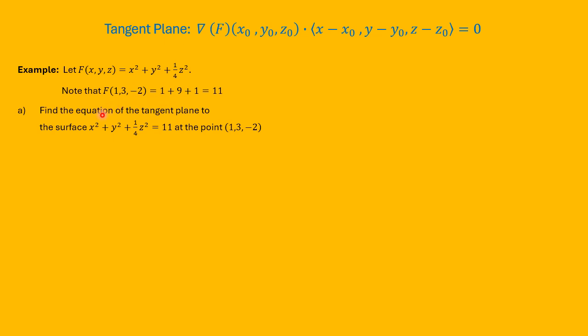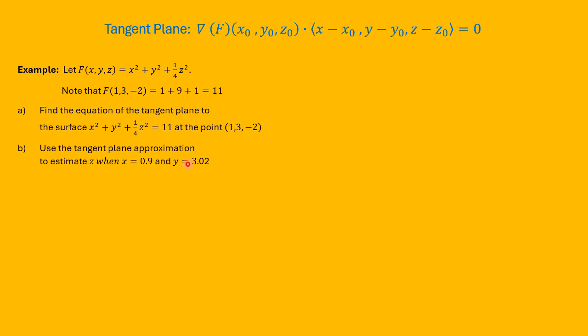So for part A, let's find the equation of the tangent plane to this surface, this stuff equals 11 that we had up here, at the point 1, 3, minus 2. We just calculated the fact that 1, 3, minus 2 is on this surface when we have an 11 here as the constant. Part B, let's use that tangent plane approximation to estimate z when x equals 0.9 and y equals 3.02.